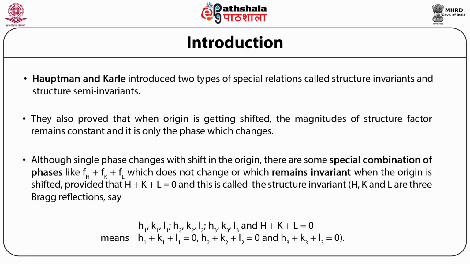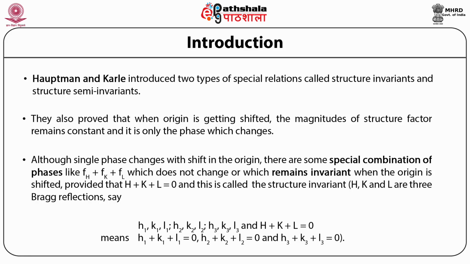I get 3 subconditions: h1 plus k1 plus l1 equals 0, h2 plus k2 plus l2 equals 0, and h3 plus k3 plus l3 equals 0. This is possible because these Miller indices can be positive or negative, including 0. So there is a possibility that H plus K plus L may be equal to 0.